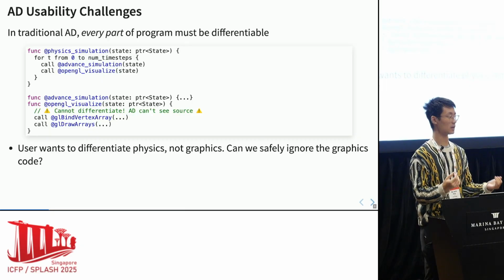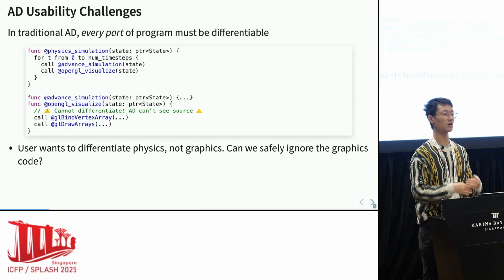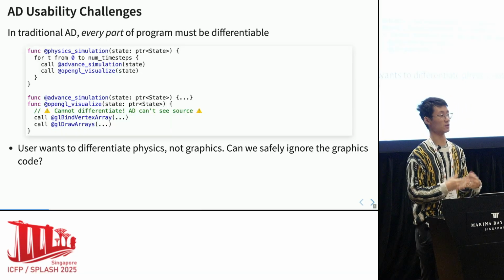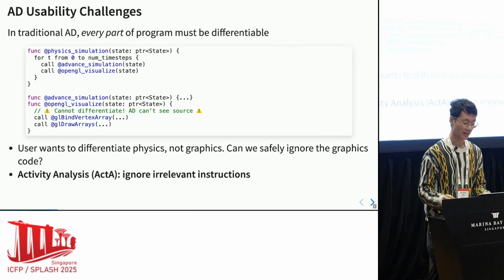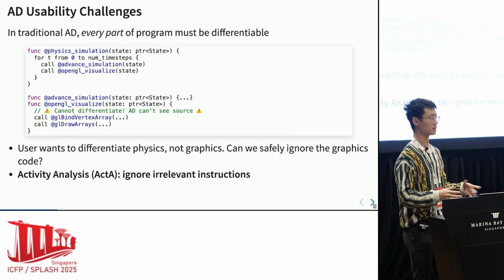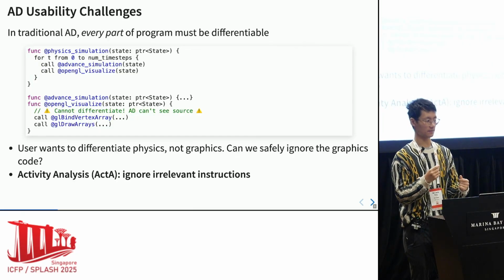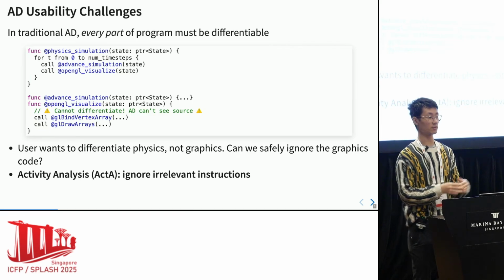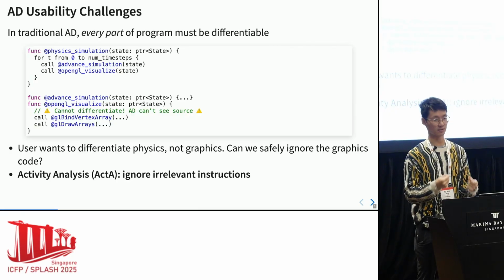And furthermore, can we ignore these parts of our programs without compromising the correctness of the derivatives that we do care about? The answer to this is this standard technique that's used in autodiff systems called activity analysis, where it improves the usability and the performance of our generated programs through differentiation by ignoring these irrelevant instructions.